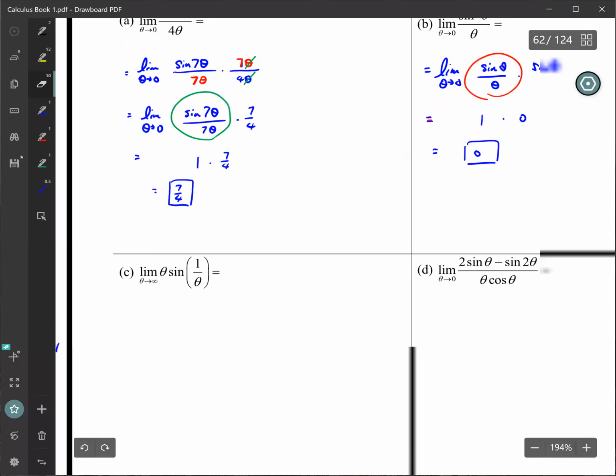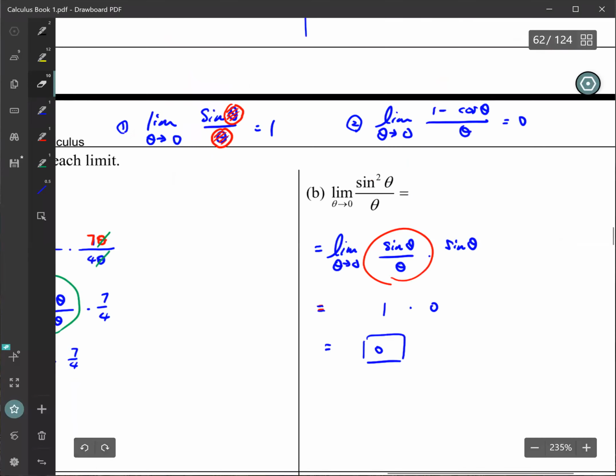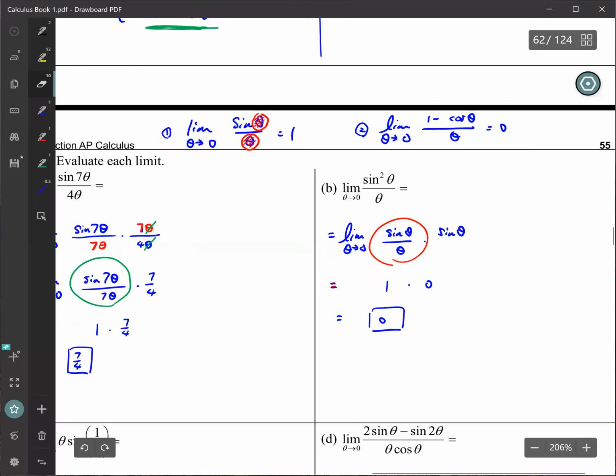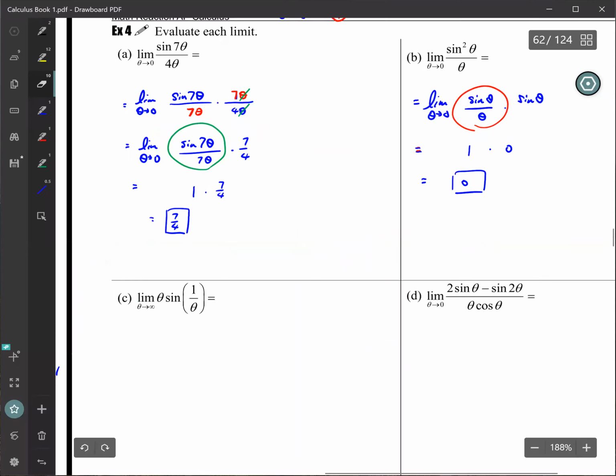Because with theta approaching infinity, you cannot use the identity at all. No matter how hard you try to manipulate the question, you'll end up seeing, oh, I cannot use it. Then you get stuck, right? So the first thing you need to take care of for this kind of question is do a replacement, a substitution.